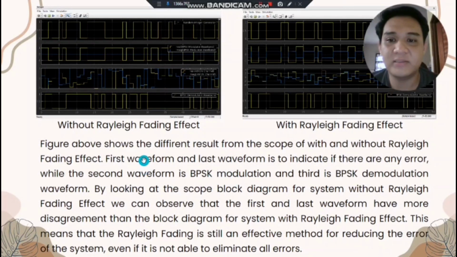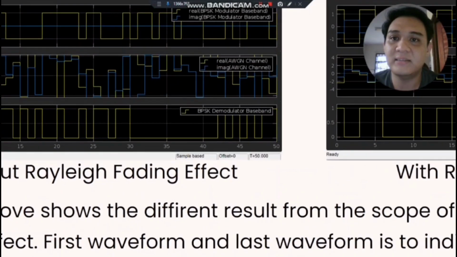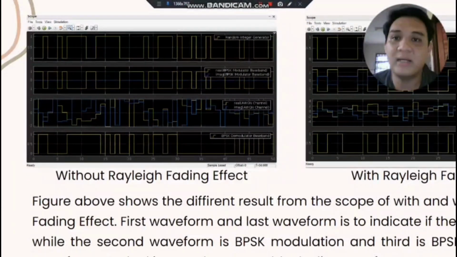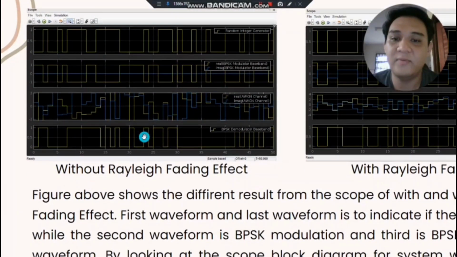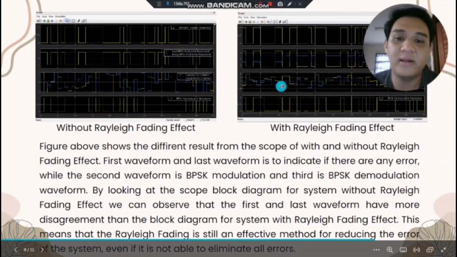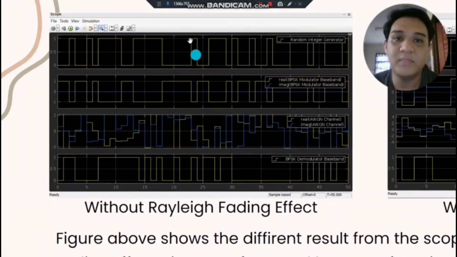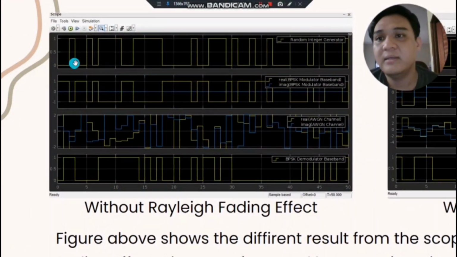By looking at the scope block diagram for the system without Rayleigh fading effect, we can observe that the first and last waveforms have more disagreement than in the plot diagram for the system with Rayleigh fading effect. As we can see from here, the first and the last waveform are not the same.